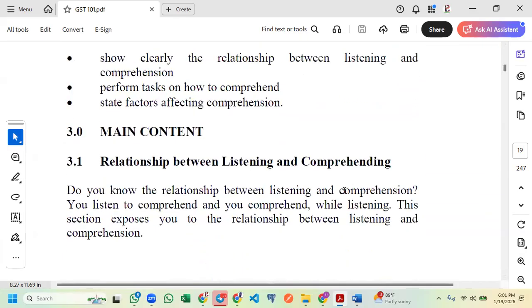So, relationship between listening and comprehending. Before we read what is here, can someone tell us your own understanding of what is likely to be there under listening and comprehending? In your own opinion, relate them together.